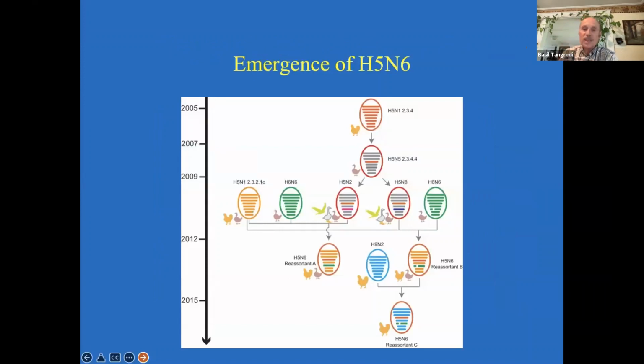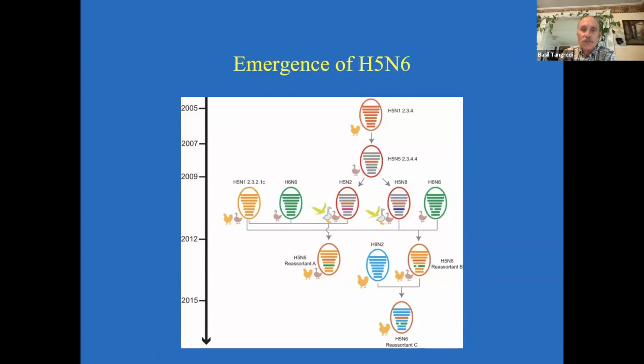So here is the story of our H5N1 virus. We started out here with an H5N1 back in 2005. Actually, the ancestor of this one goes back to 1996. So the current outbreak of avian influenza really has a 25-year history.